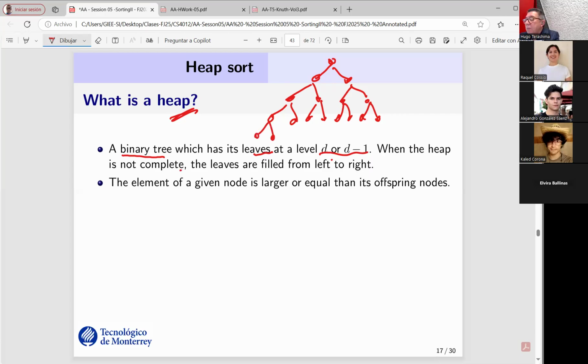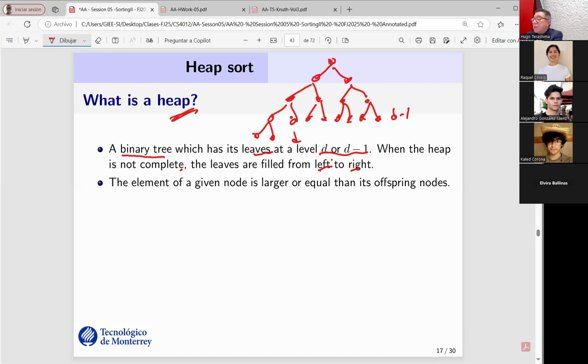When the heap is not complete, the leaves are filled from left to right. For example, here I have how many leaves? 1, 2, 3, 4, 5, 6, 7, 8, 9 leaves, right? So this is level D minus 1, and this is level D.